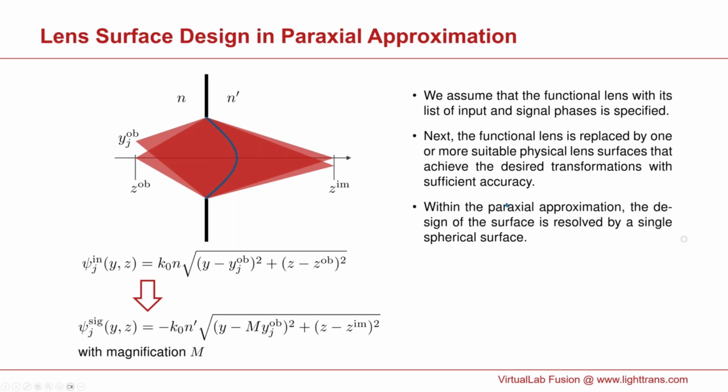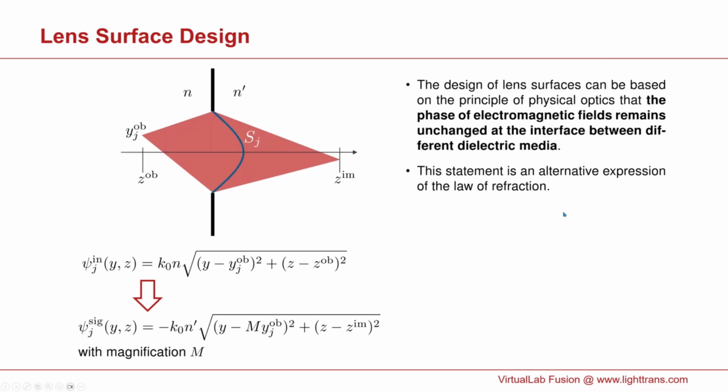Next, we go beyond the Parkes approximation for surface design, and we base it on one of the principles of physical optics, that the phase of an electromagnetic field remains unchanged at the interface between two dielectric media, as long as we are not in the regime of total internal reflection.